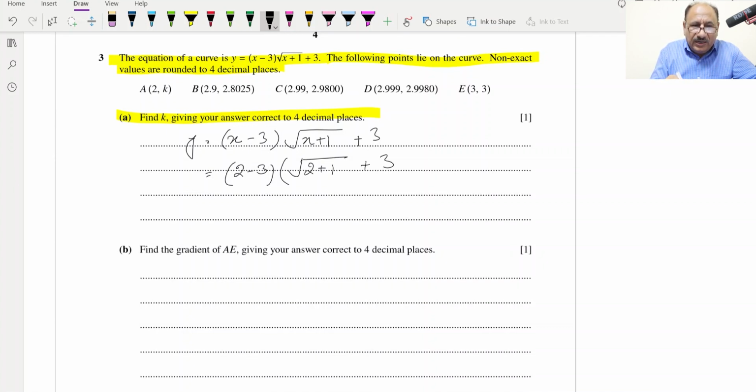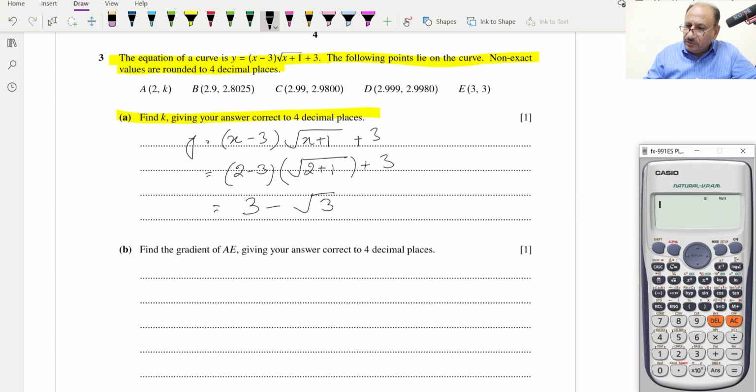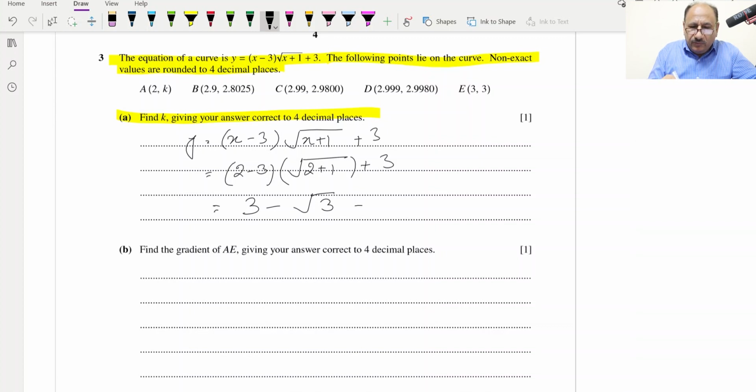If we are replacing x by 2, what will we get? We will get this one. So 3 minus under root 3. This will be the value, and we can check with the calculator what 3 minus square root of 3 will be equal to. In decimal places it will be equal to 1.2679, and this will be the final answer.